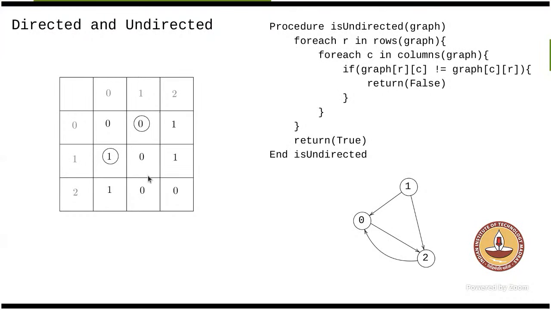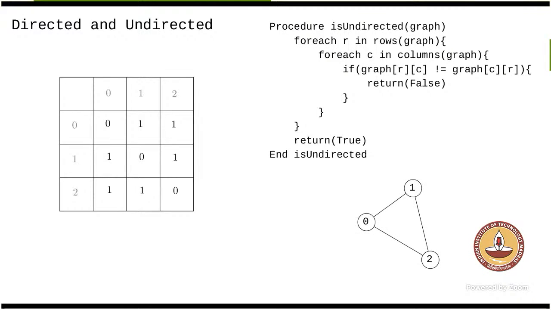Okay, so any questions regarding this adjacency matrix for directed and undirected graphs? Okay, I'll take it as no. So now again, this is an example of an undirected graph. So it will return true.